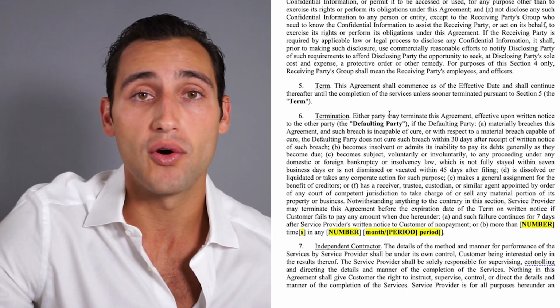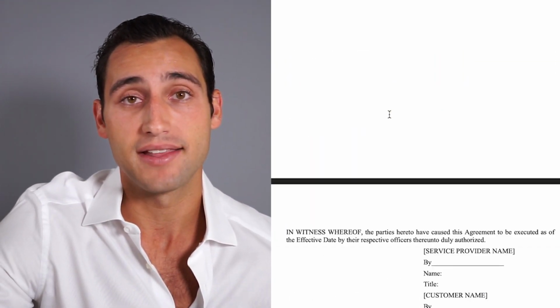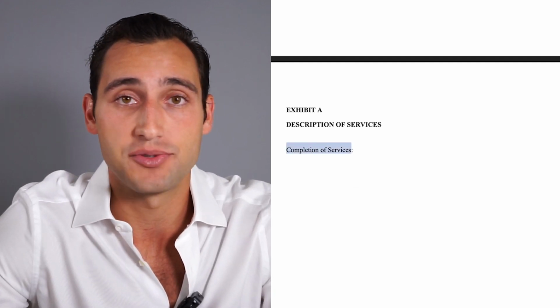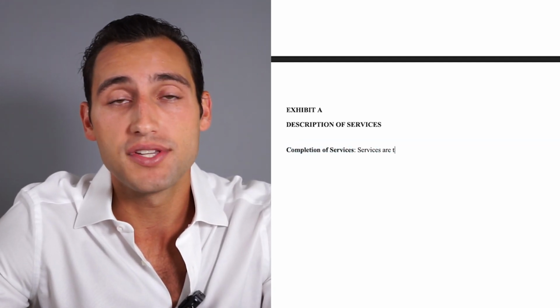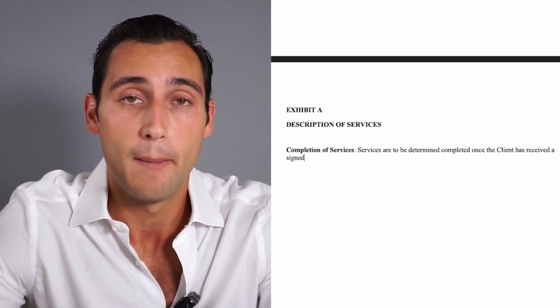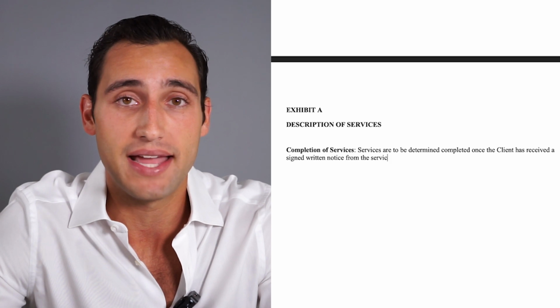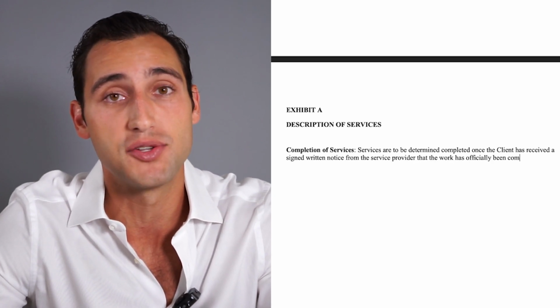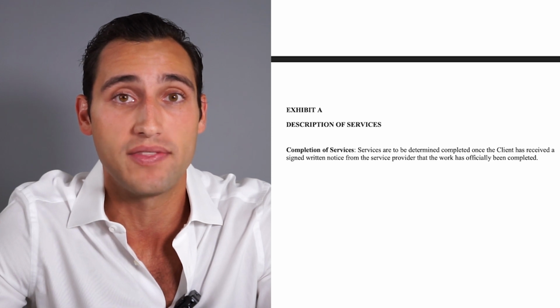So choose on your own whether or not you want the agreement to end on a specific date or you want it to be defined by when the project is actually completed. Now, if you're going to go with the option of having the agreement end when the project is actually completed, make sure that you are clear about that in Exhibit A as to what constitutes completion of the project, because you don't want there to be any confusion as to when the agreement or the relationship ends.